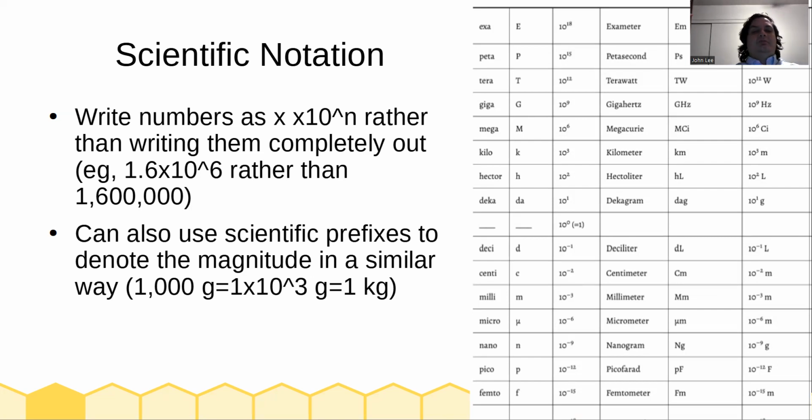And what we've decided that means is that we have the units kilo, which means 1 times 10 to the third grams. So 1 kilogram is 1,000 grams. 1 centimeter is 1 times 10 to the negative 2 meters. So it's 1/100th of a meter.